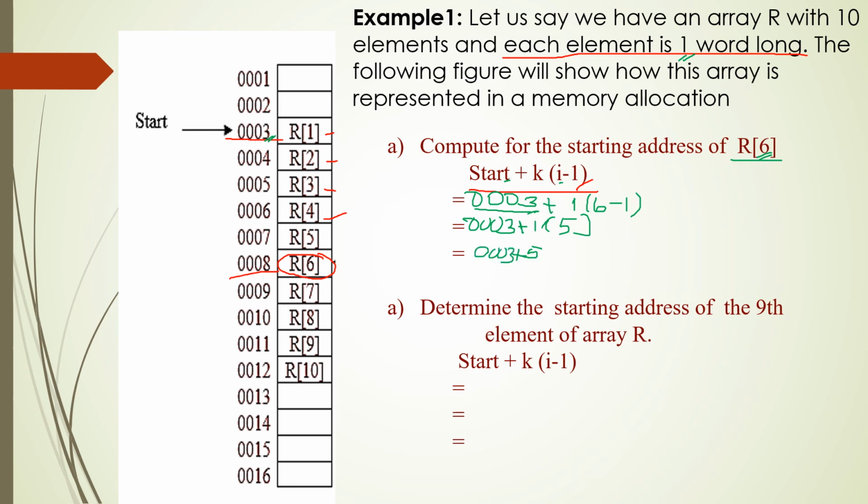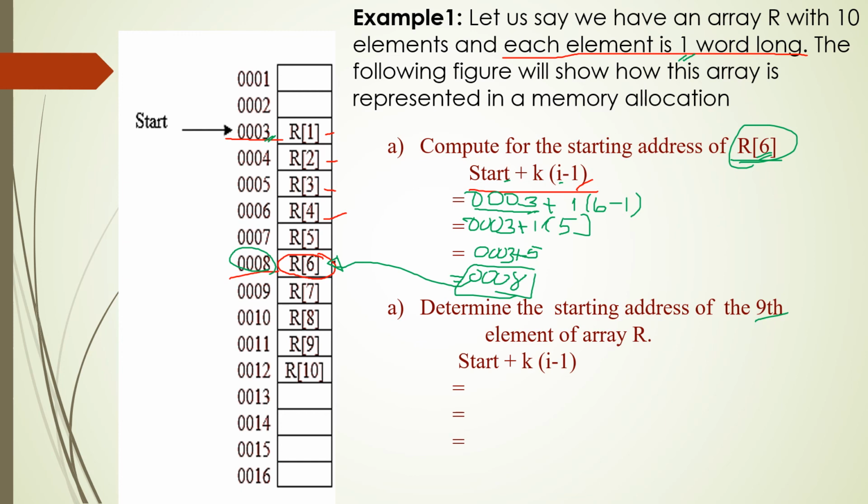So, 0003 plus 5 is 0008. Tama ba? Element R sub 6 is at address 0008. Okay?